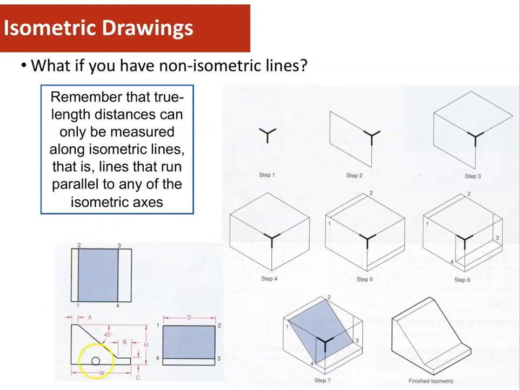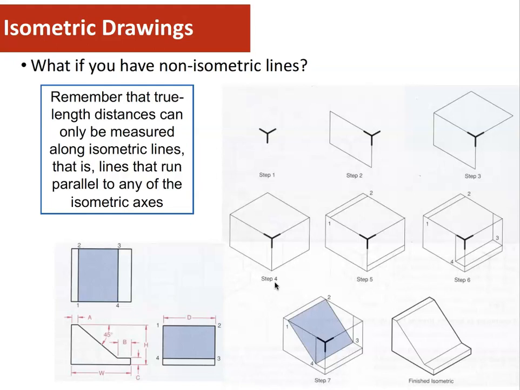So this is what we're working with. This is our front view, this is our top view, and this is our right side view. Remember that true length distances can only be measured along isometric lines, that is, lines that run parallel to any of the isometric axis. Therefore, if you were to draw this slanted, inclined plane in your isometric drawing, you are not expecting it to be true scale.